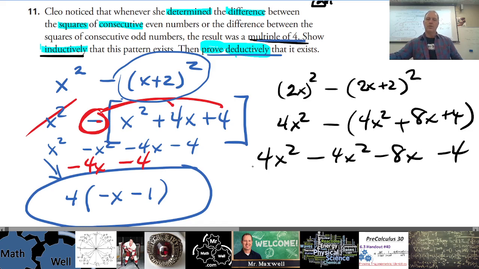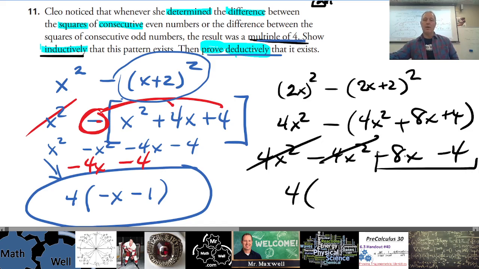So this goes with that, they cancel each other out. We have negative 8x minus 4. I can pull a 4 as a factor out of there: negative 2x minus 1. So 4 is the factor.